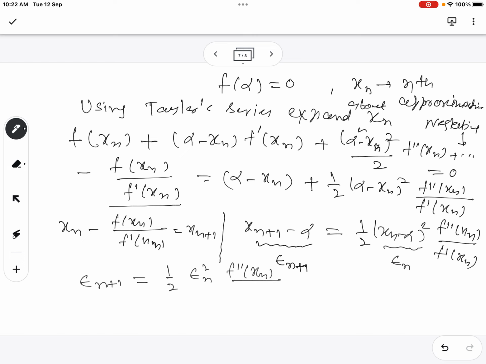In other words, the convergence to the root is quadratic in nature.